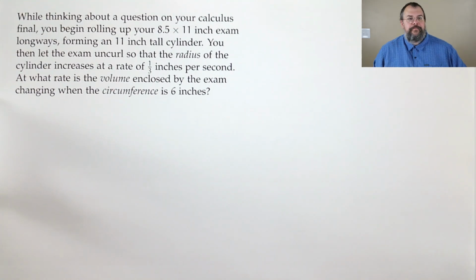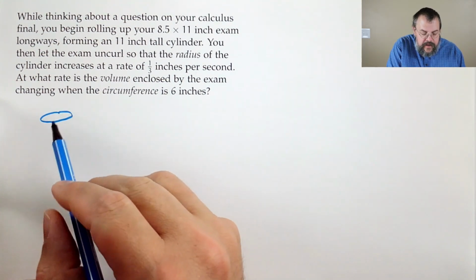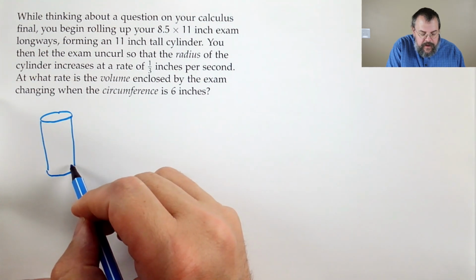All right. So, while thinking about a question on your calculus final, that's a good thing. We should be thinking about problems. You begin rolling up your 8.5 by 11 inch exam long ways, forming an 11-inch tall cylinder. Okay, so now we say, all right, what do we have? We have a cylinder that we formed from our piece of paper.